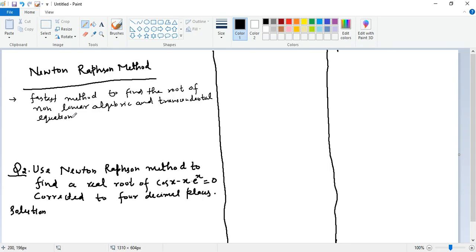The rate of convergence of this method is very fast, and it is equal to 2.